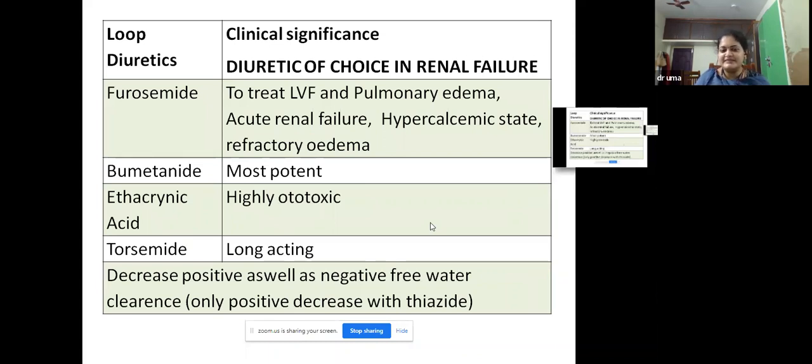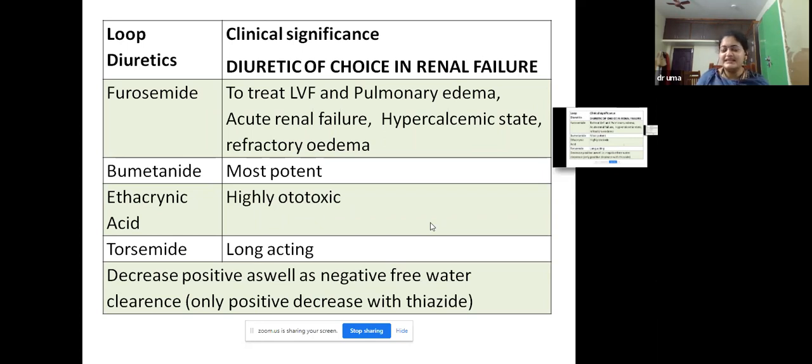Mainly furosemide has a vasodilatory effect. So they are used in left ventricular failure and pulmonary edema. It is used in acute renal failure and hypercalcemic states, because loop diuretics lose calcium, and therefore are used in refractory edema. Among these, the most potent drug is bumetanide, the highly ototoxic one is ethacrynic acid, and the long-acting drug is torsemide. These drugs decrease positive as well as negative free water clearance.